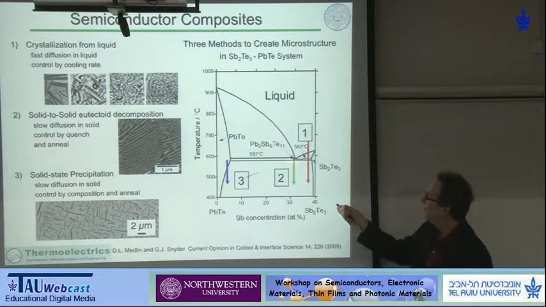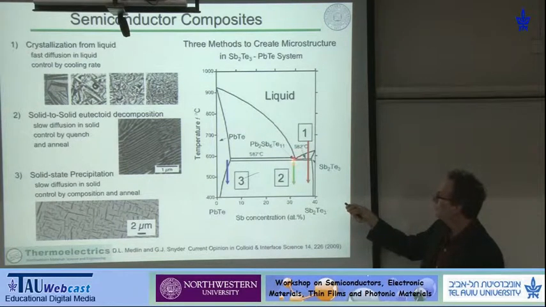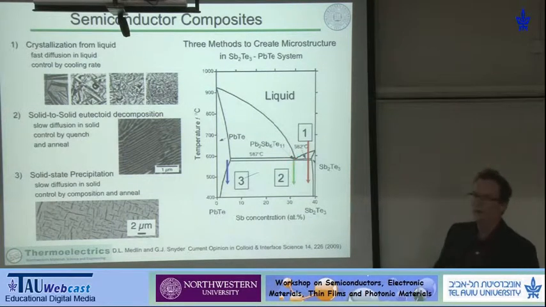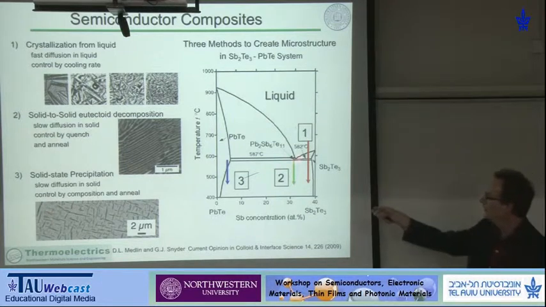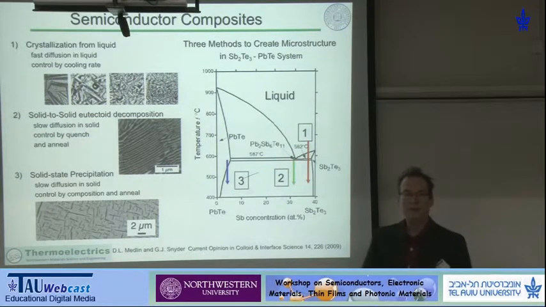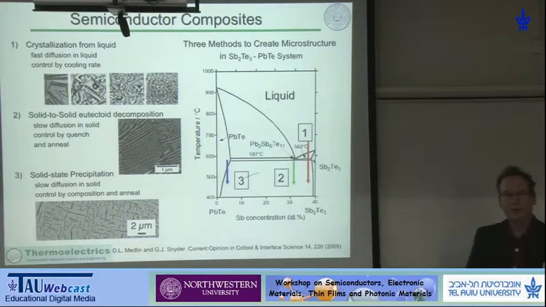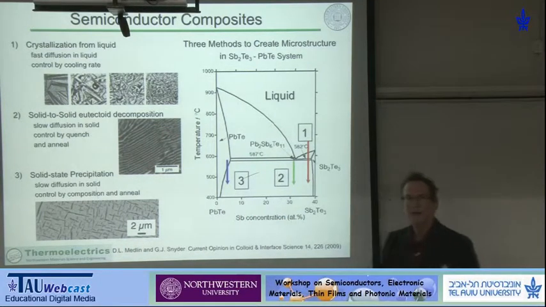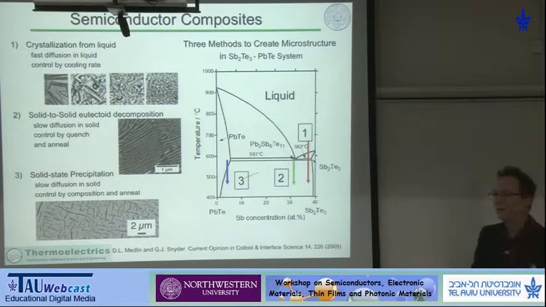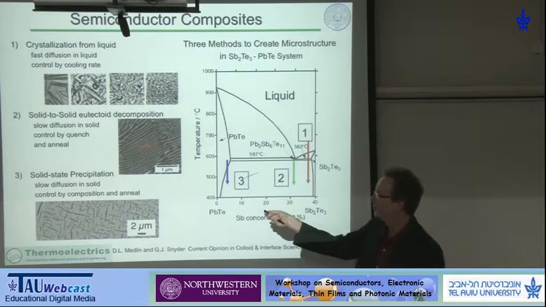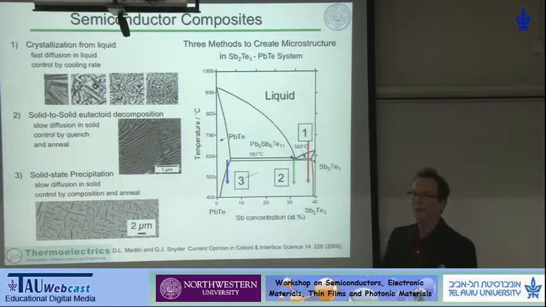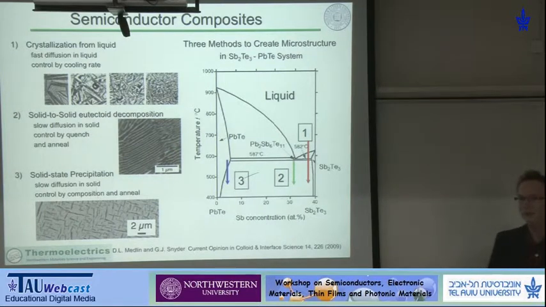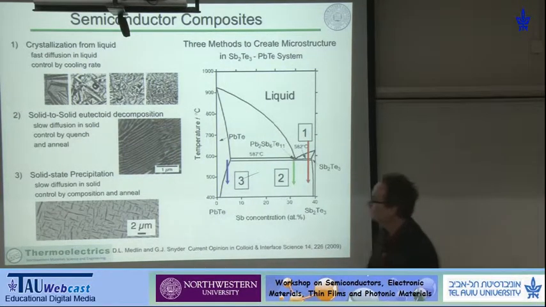What we also find is that we can get some eutectoid decomposition with this small phase that lives in here, and when that material decomposes from a solid state reaction, we can make a natural superlattice type material, and this is perfect for the previous talk because this is actually a type 2 superlattice of an N-type and a P-type material together.